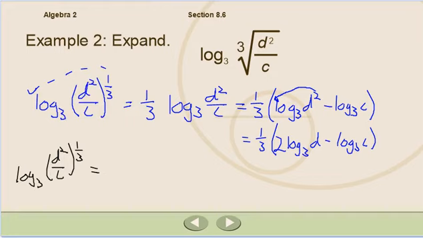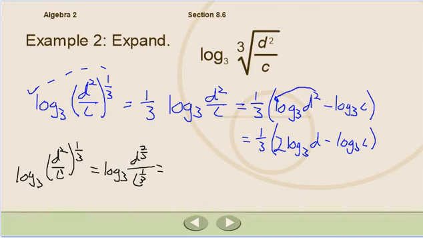And so we could say this is log base 3 of d to the 2/3, because I'm multiplying, over c to the 1/3. Sorry, this is getting messy. My 3's aren't looking right. So that 1/3 can be multiplied by each exponent here, realizing that this is an exponent of 1.